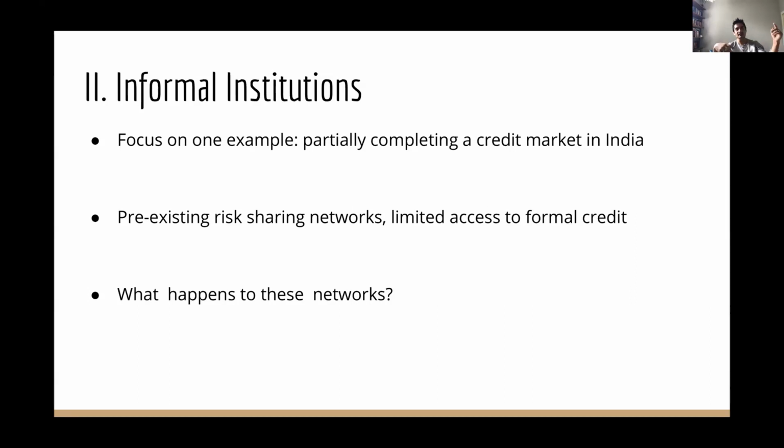And to answer the question that I raised in my very first slide, I like to say people are linked if they would transfer money to each other in case of a shock. Because if you wrote down a game, that's the right object, right? Not given the shock, it's if you would do it. The question is, what would happen to these networks when you partially complete the market?